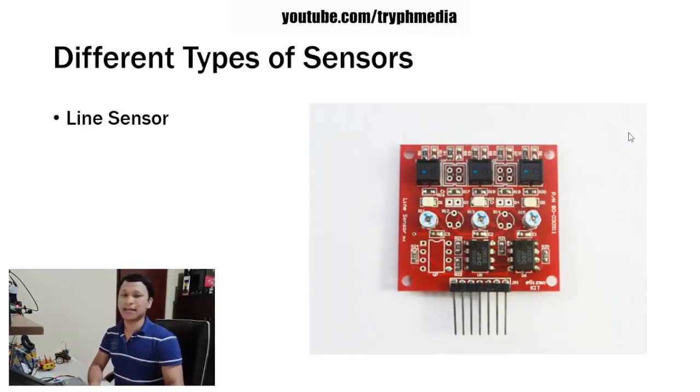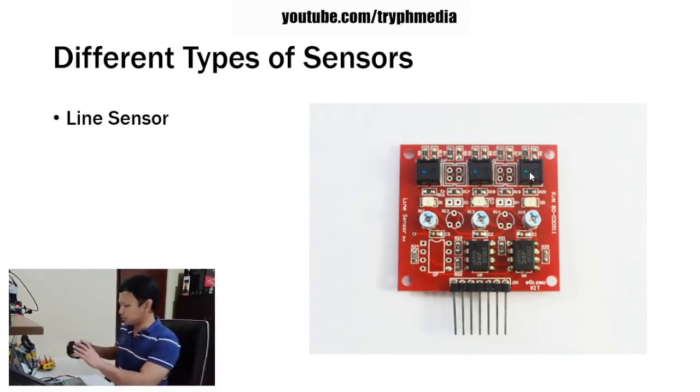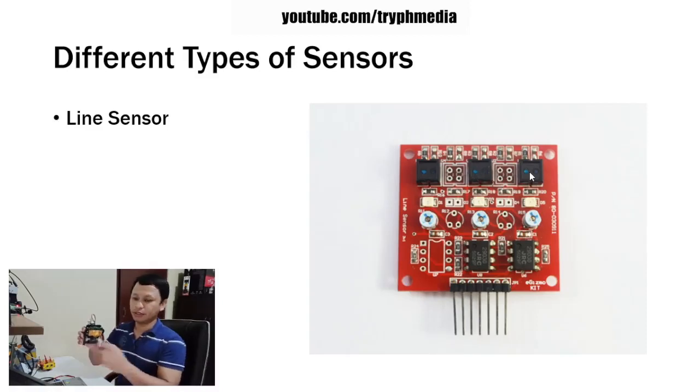The next is the line sensor, which is another application of an infrared or IR sensor. This line sensor consists of 3 IR sensors, and in robots it's placed underneath, similar to this one. These are another type of IR sensor.